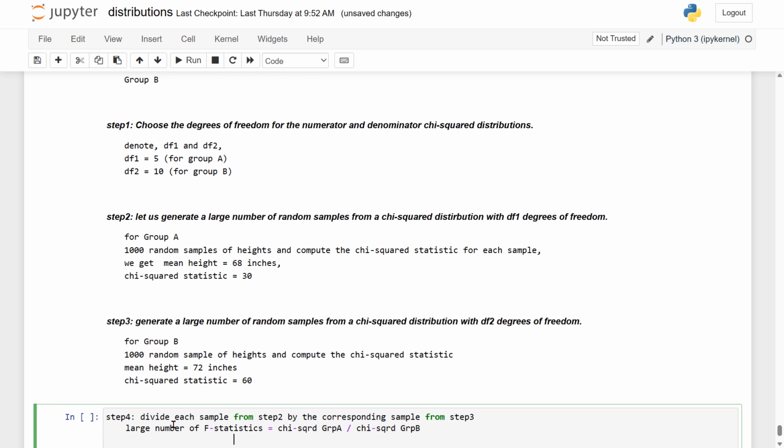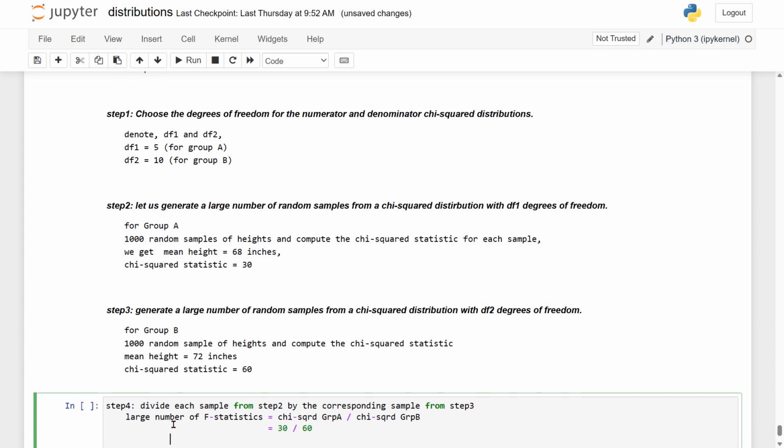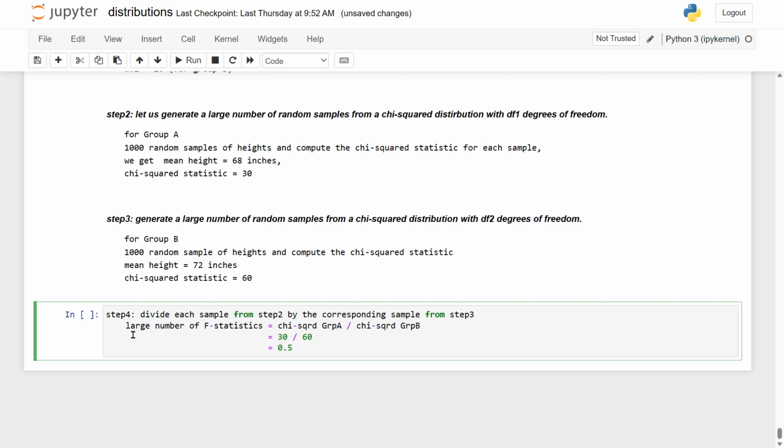How much will you get? It's 30 divided by 60, which equals 1 divided by 2, that's 0.5. So this is my F statistic. This is called a large number of F statistics because that's how we have calculated.